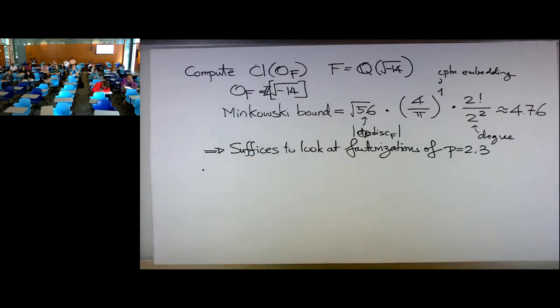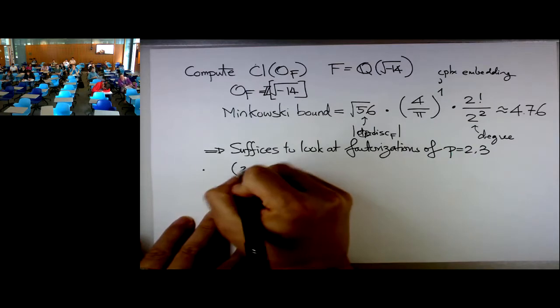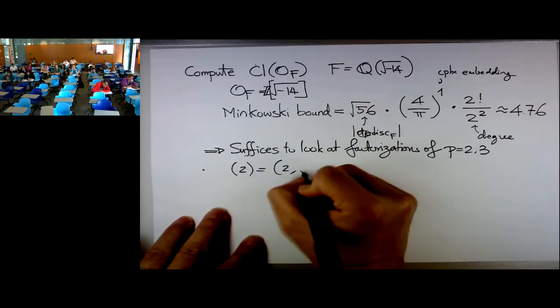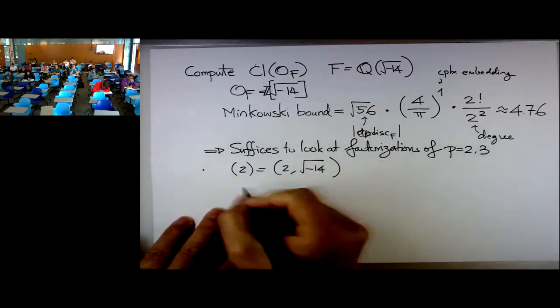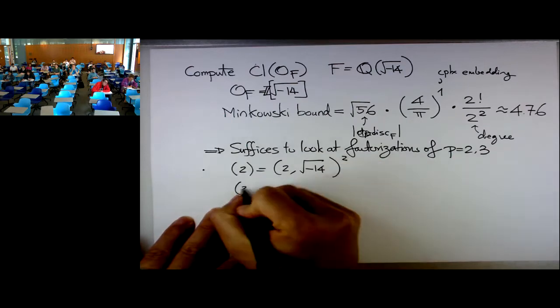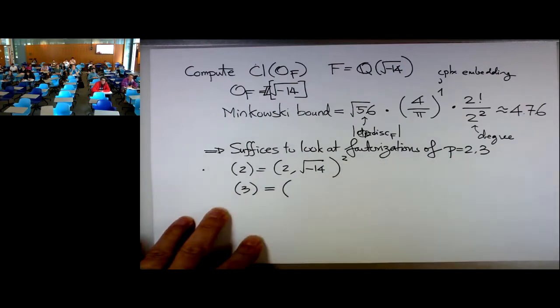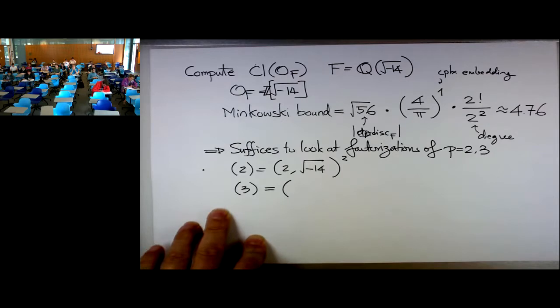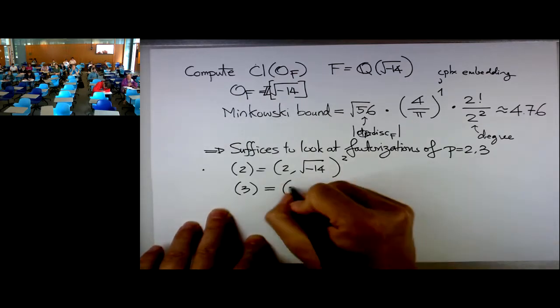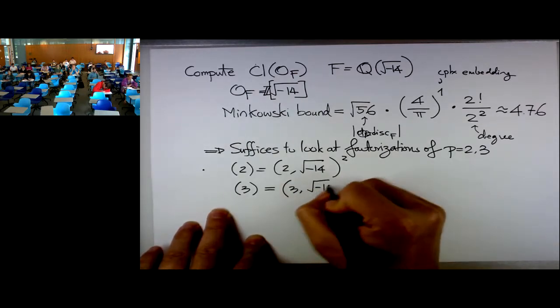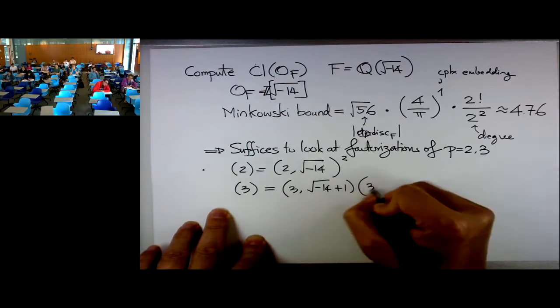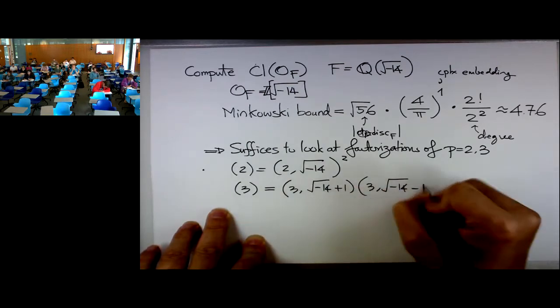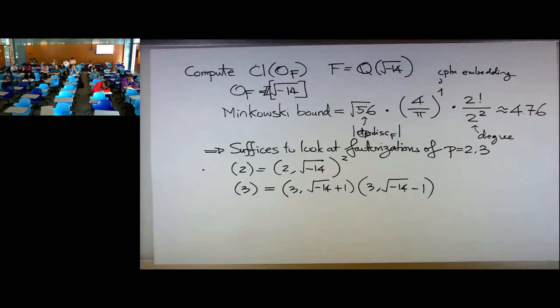Okay, so now let's recall that 2 factors as (2, square root of -14) squared, and 3 factors as (3, this plus 1) and (3, this minus 1). So these are the ideal factorizations.